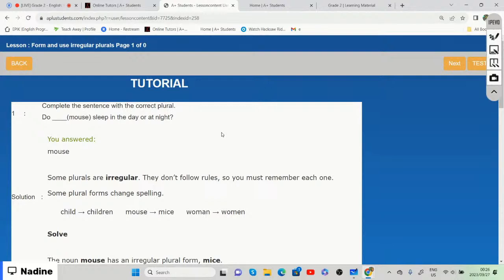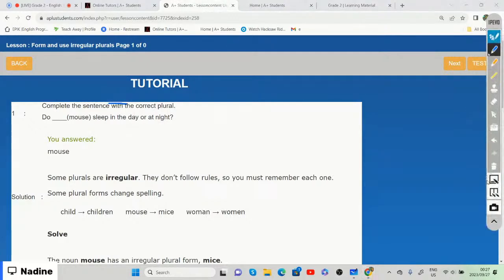So if we find the plural of mouse, then we're going to say, do mice sleep in the day or at night? So we're going to say mice because mice refers to more than one. So mice, and mice is plural. So do mice sleep in the day or do mice sleep at night?